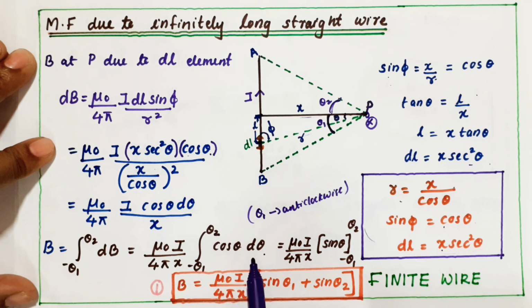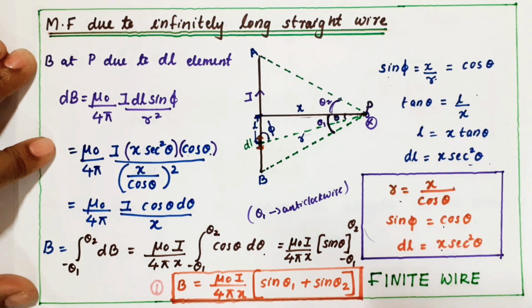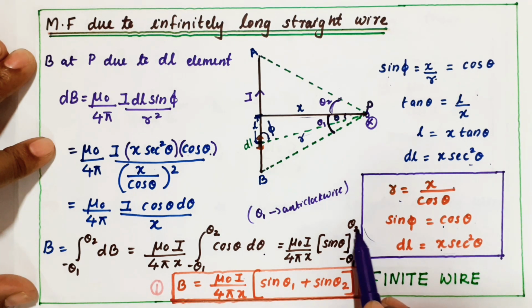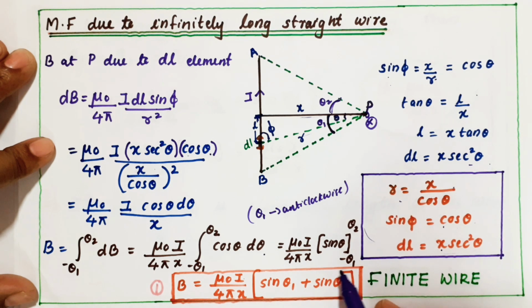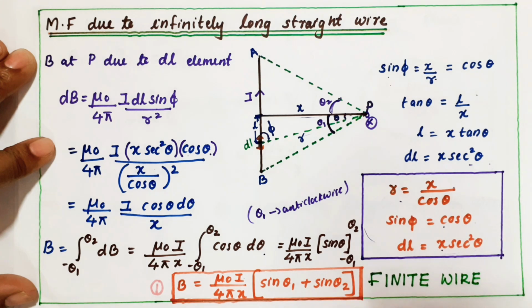The integral of cos theta is sin theta, within the limits minus theta 1 to theta 2, upper limit minus lower limit. So B is equal to mu naught I by 4 pi x into sin theta 2 minus sin of minus theta 1. Sin of minus theta 1 is minus sin theta 1, so that minus with the middle minus becomes plus.